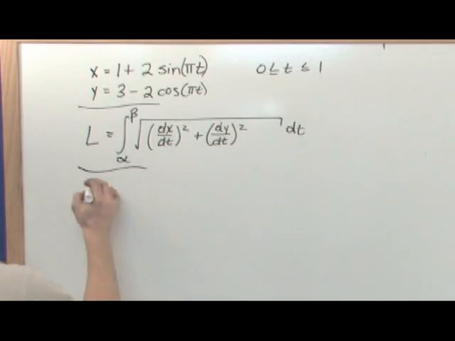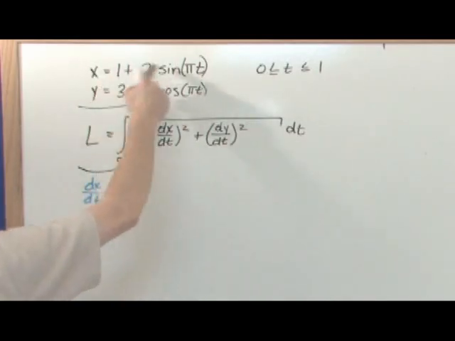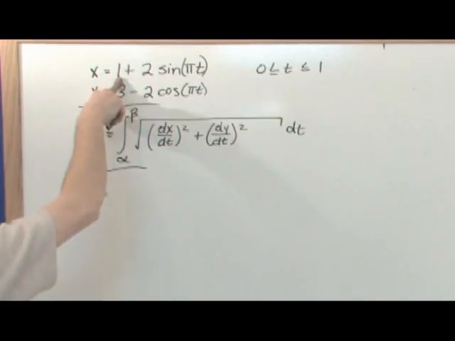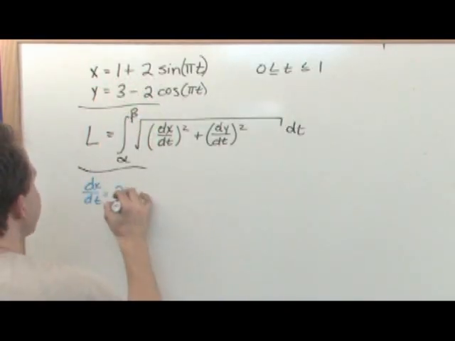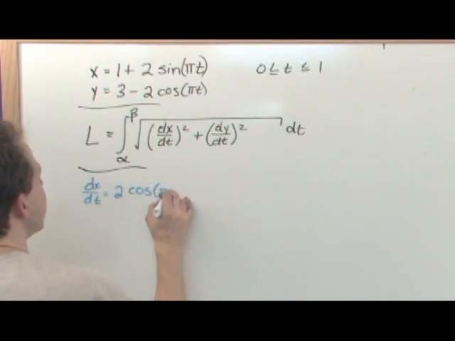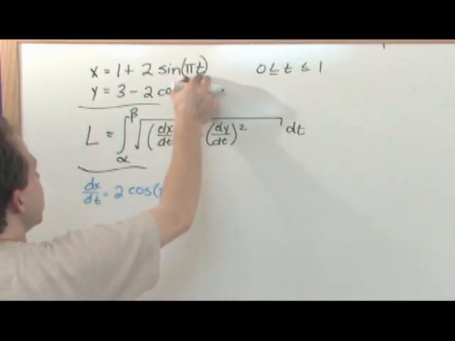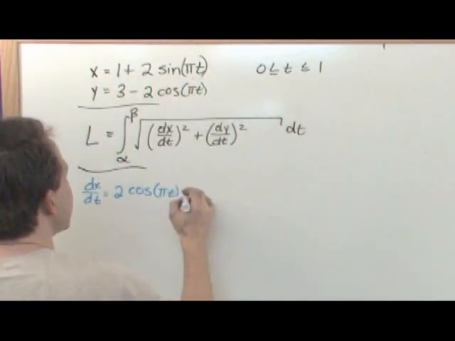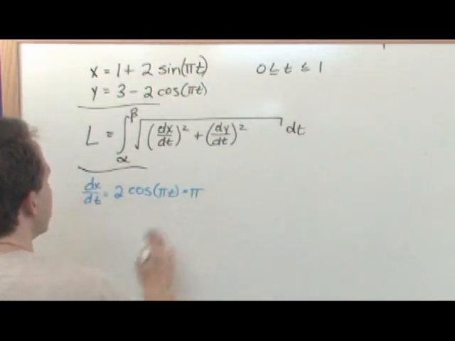Okay, so dx dt is equal to the derivative of this. What is that going to be? Derivative of 1 is 0. Moving on to here, it's going to be 2 times the derivative of sine, which is cosine of pi t, times the derivative of the inside. Derivative of pi t is just pi.